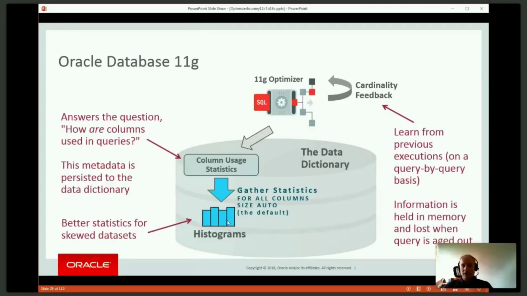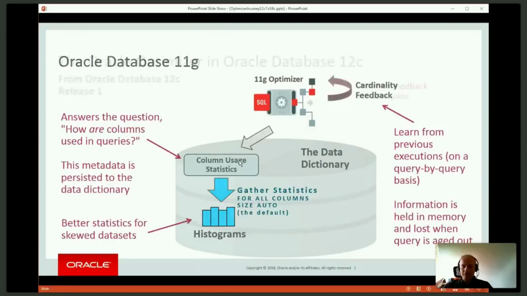So we can create histograms automatically when statistics are gathered. So if you like, this is the concept of improving statistics over time based on issues that we see with cardinality. This is a fully automated process, and something that, if you're using 11G, you already currently have. So now when we look at 12C, you'll see a similar kind of process going on.